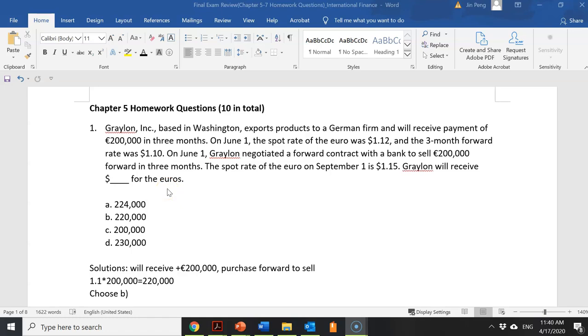Okay, so in this question, we know the firm is gonna receive 200,000 euros in 3 months.